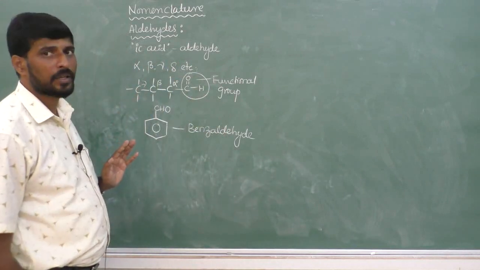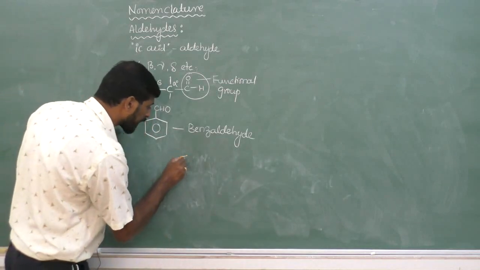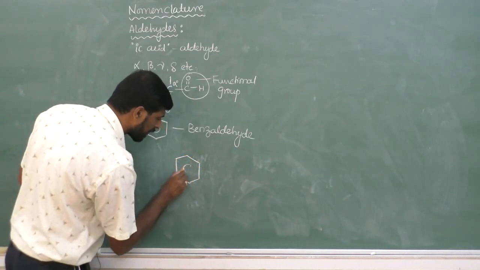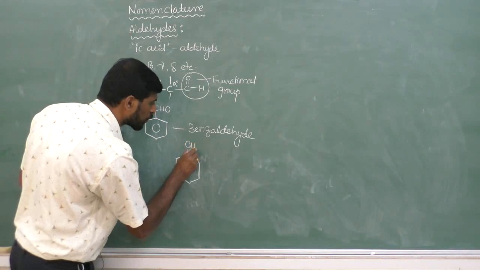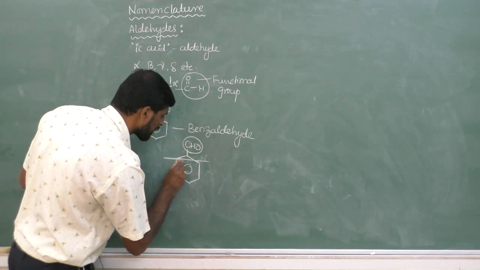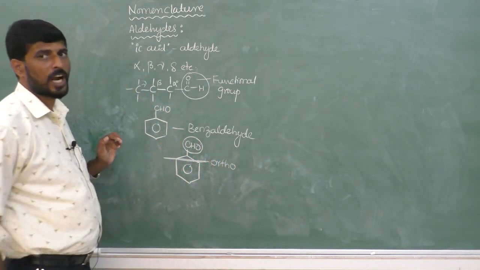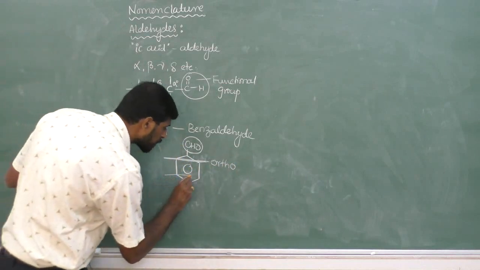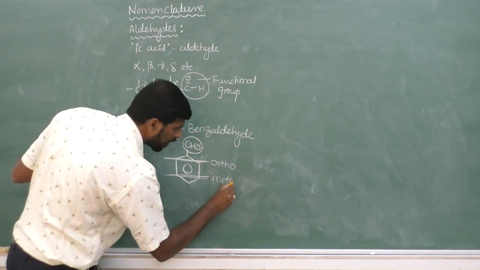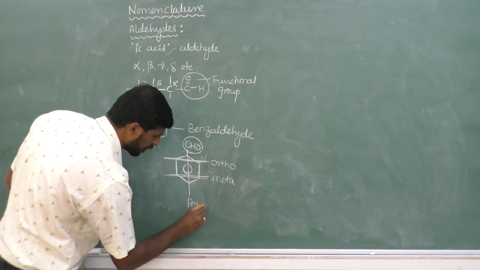While naming that, we have to indicate the position. Now, with respect to this CHO group in benzaldehyde, this position is called the ortho position, this position is called the meta position, and this position is called the para position.